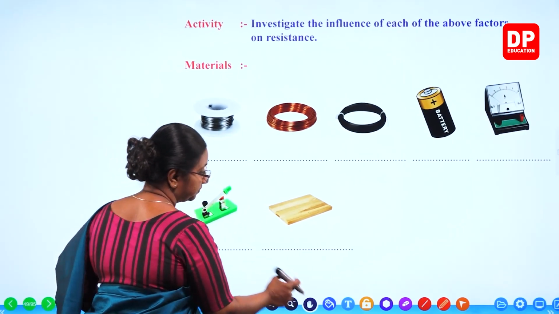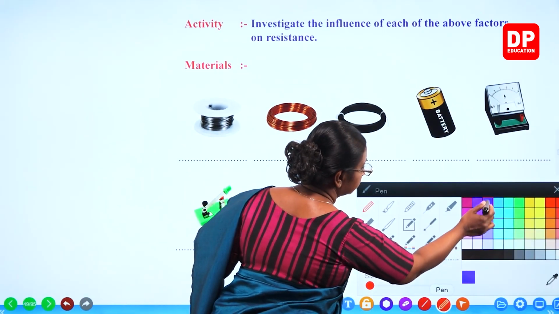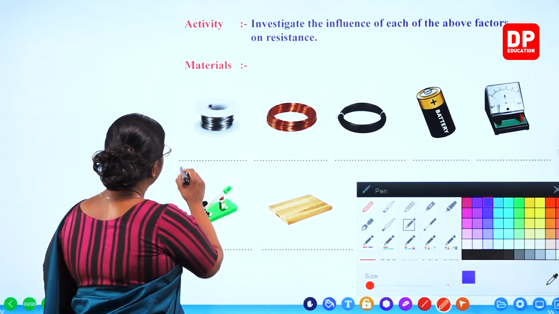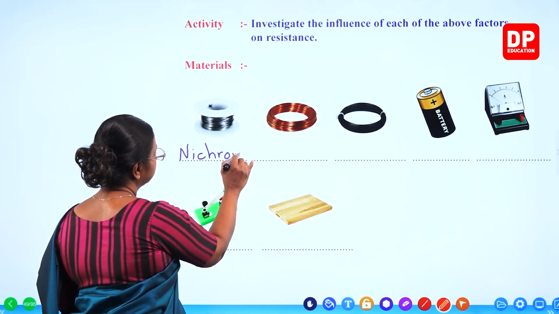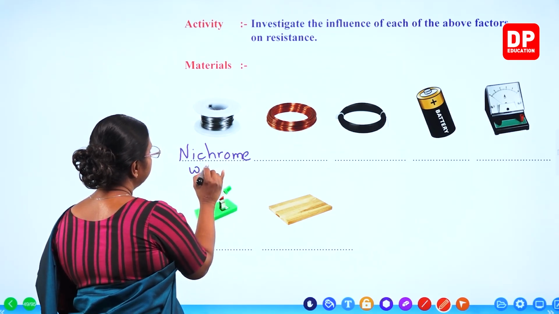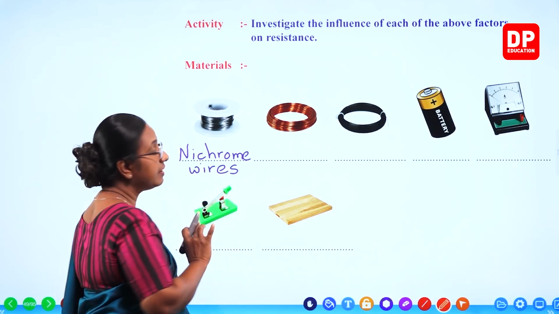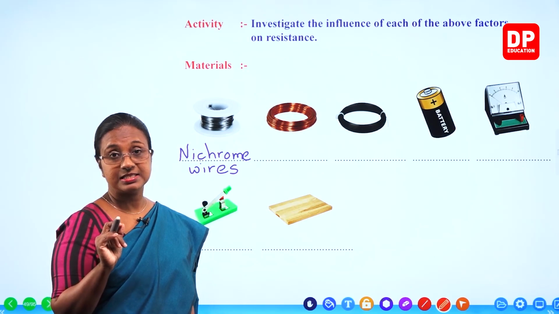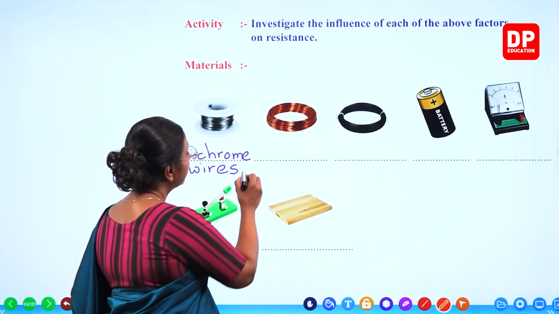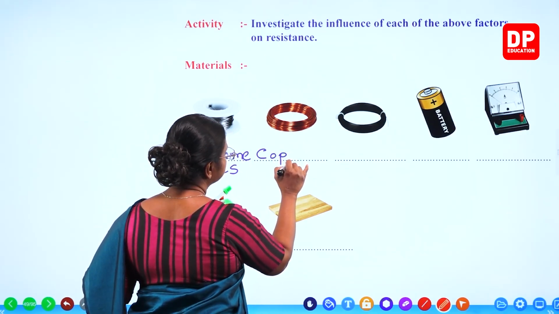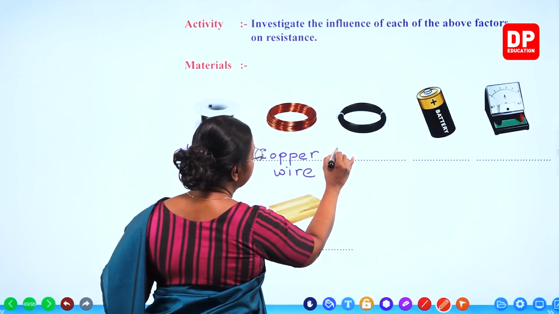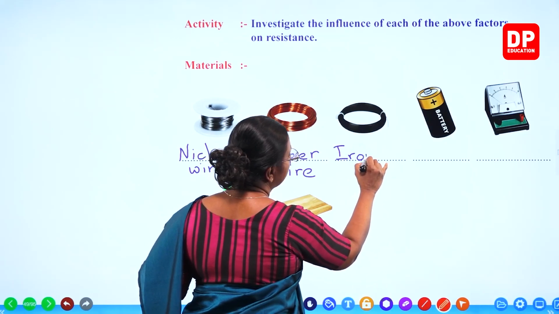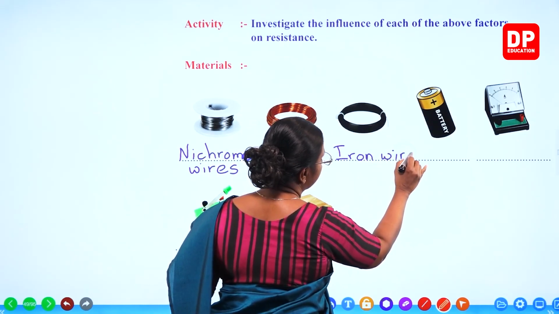First one, nichrome wires. Here we will need nichrome wires of different thicknesses. Then we need copper wire, and then we need iron wire.